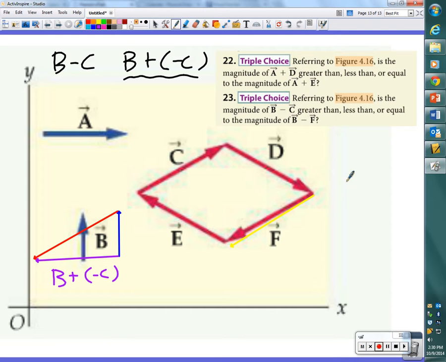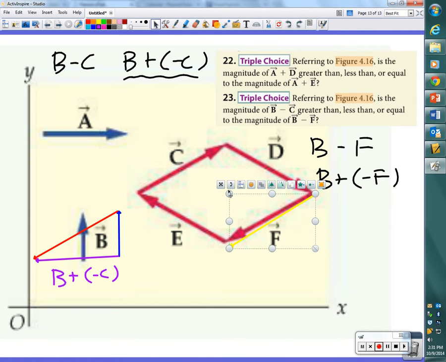It's asking us to compare it to B minus F, which, right, B minus F is the same as B plus negative F. And so, here's vector F, but we need vector negative F. So we do the same thing just like that. Okay? Good there?